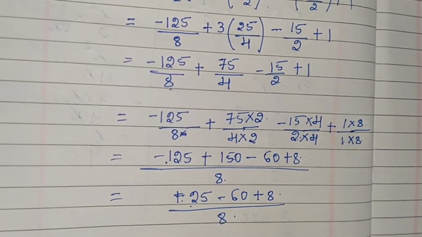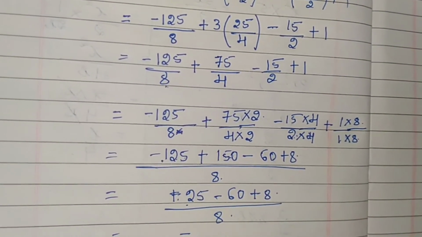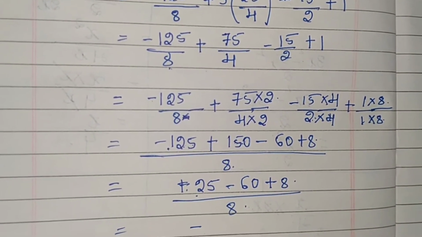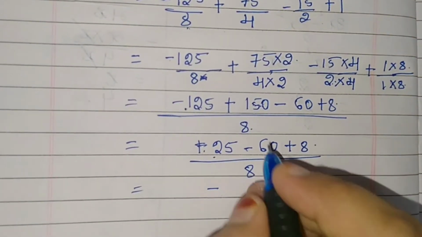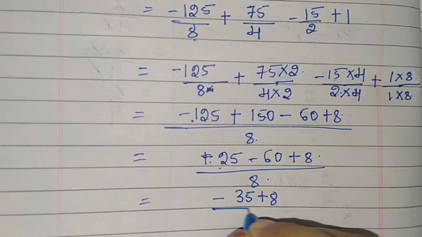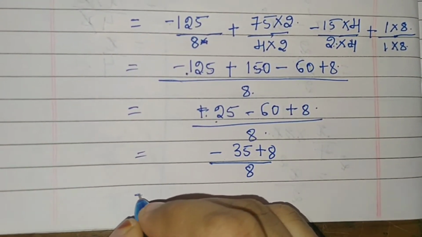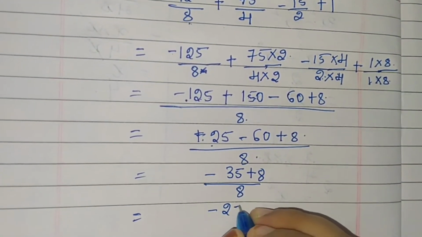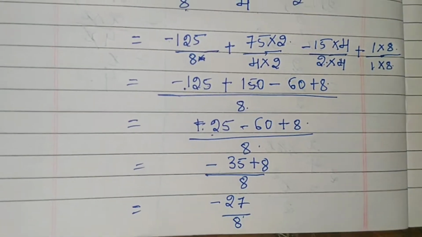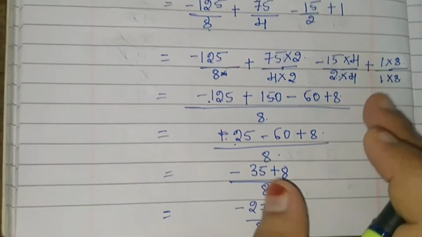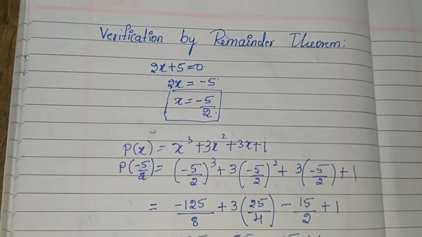Now you can see which is the bigger number sign, minus, right? So 60 minus 25 is nothing but minus 35 plus 8 divided by 8. When you subtract this, you are going to get minus 27 divided by 8. So this is nothing but our remainder. Okay.